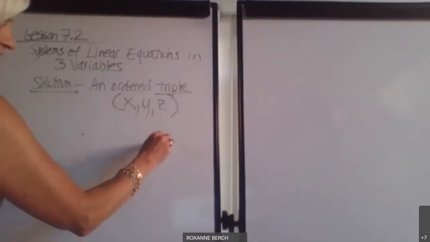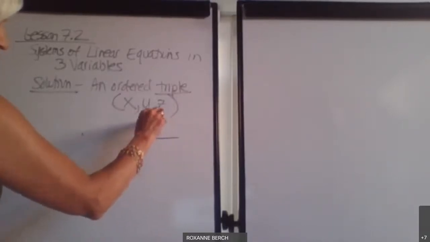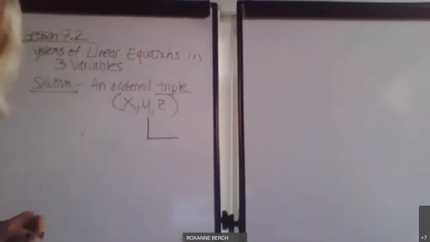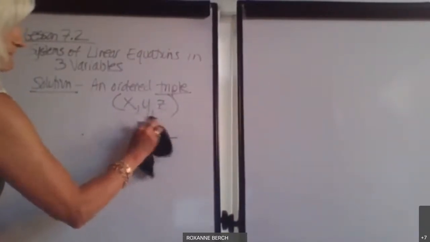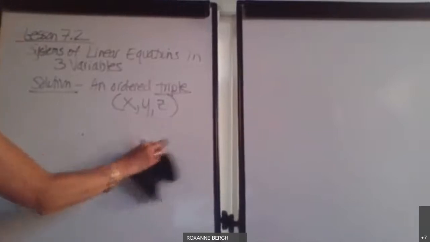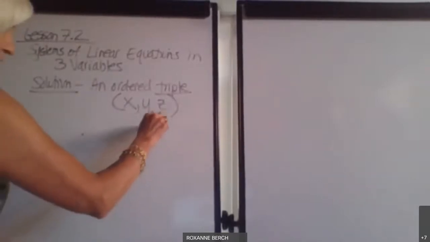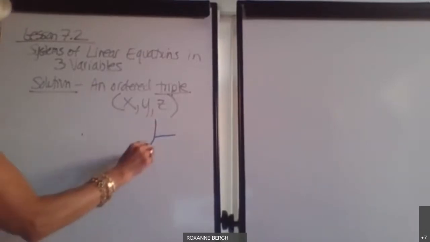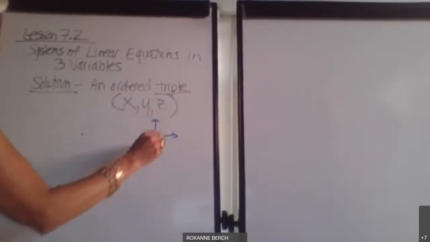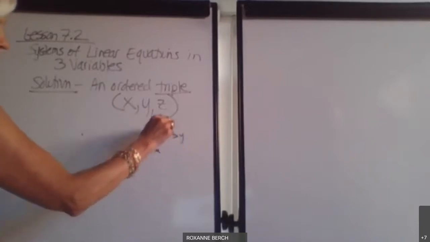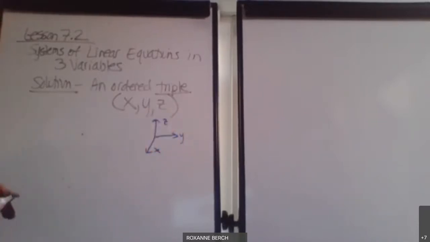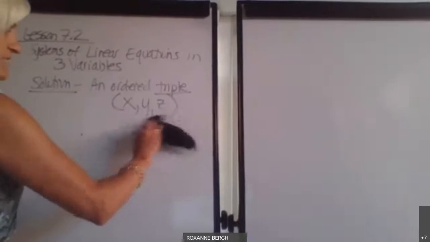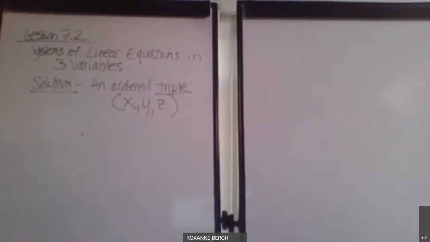The x-axis looks like, I'm sorry, the x-axis looks like that. It looks like a corner of a wall. So you have an x-axis, a y-axis, and a z-axis. And you're in 3 dimensions, and it is difficult to graph.